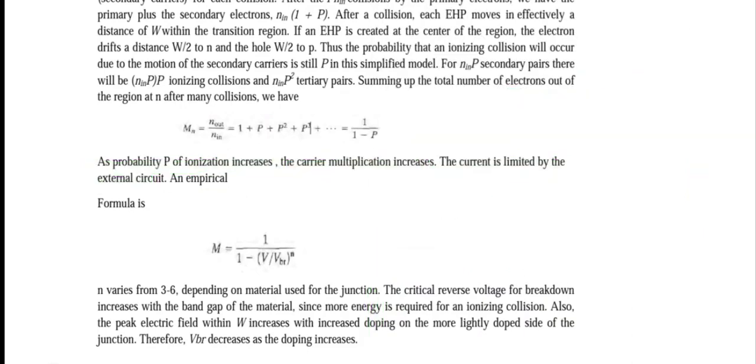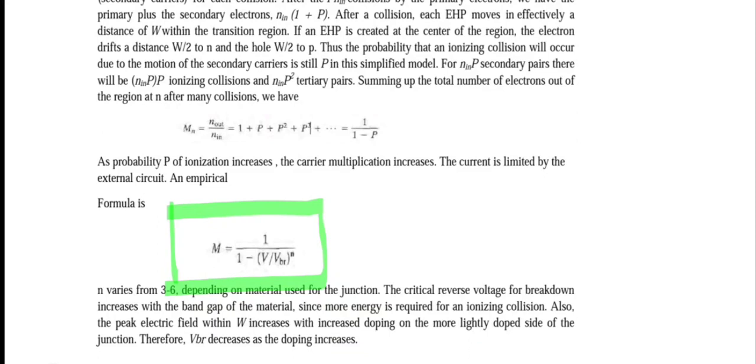The equation we have given before is an analytical approach. The proper equation for carrier multiplication is M = 1 divided by 1 − (V/V_BR)^n, where V_BR is the junction reverse breakdown voltage, and n is a value that varies from 3 to 6 depending on the material used.